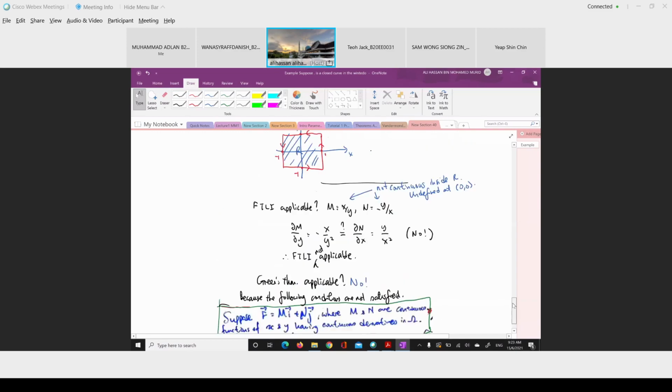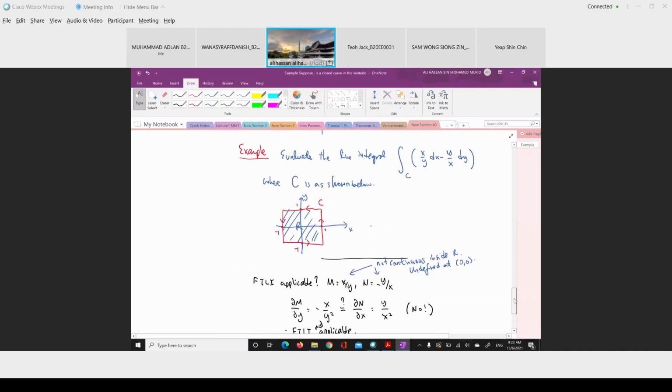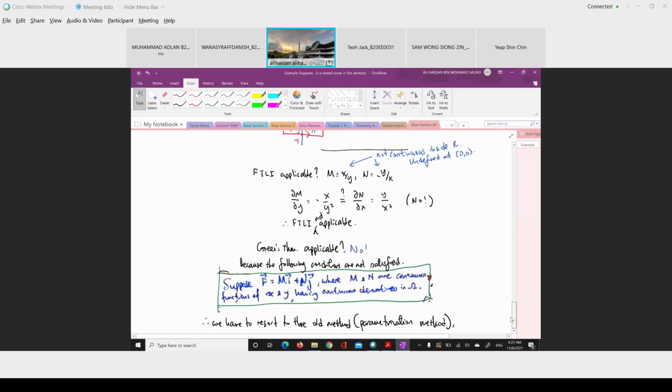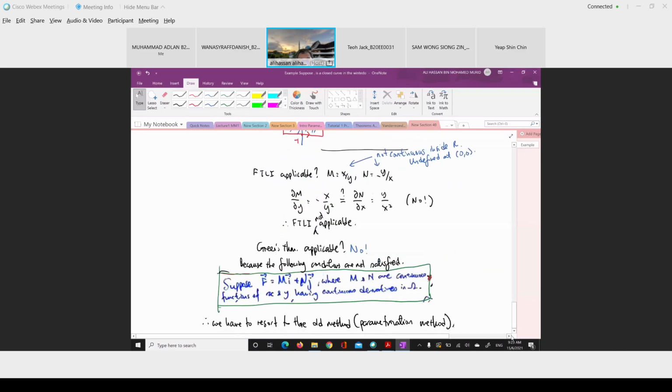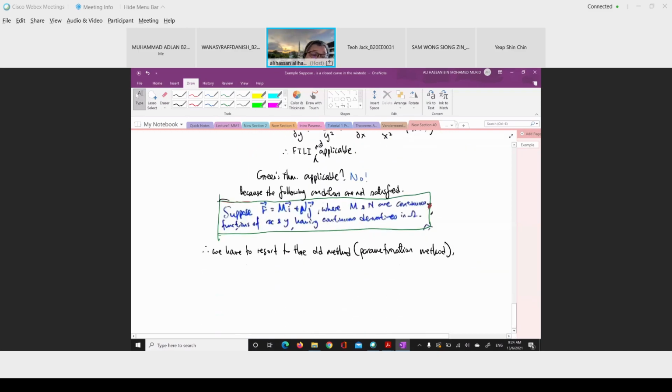Even though it is complicated, we need to split the integral into C1, C2, C3. It involves a lot of work, but it's the only choice left.